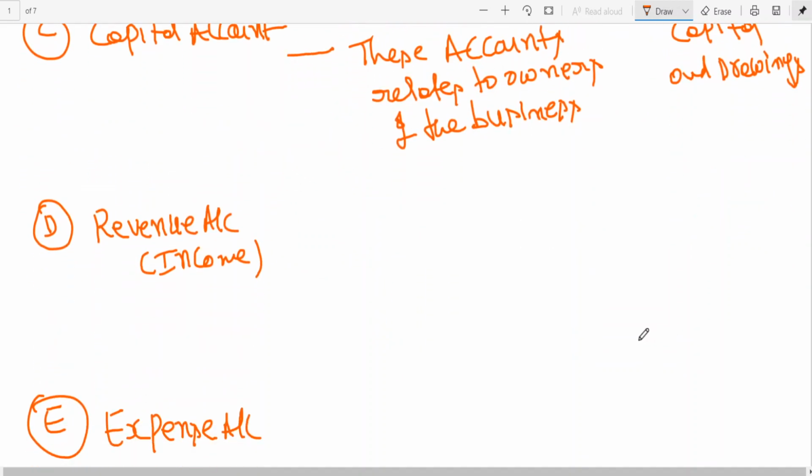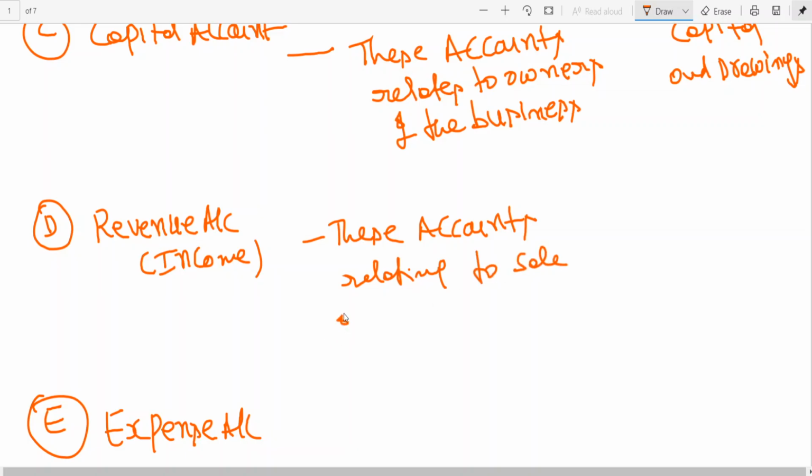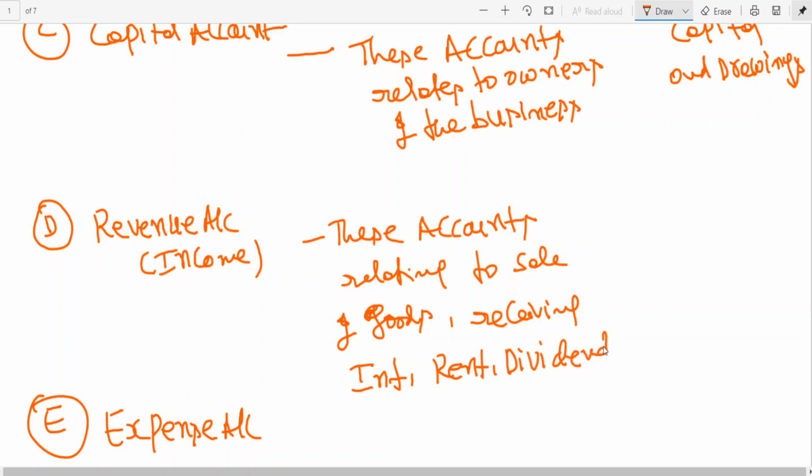Next, revenue account. These accounts relate to sale of goods, and receiving interest, rent, dividend.